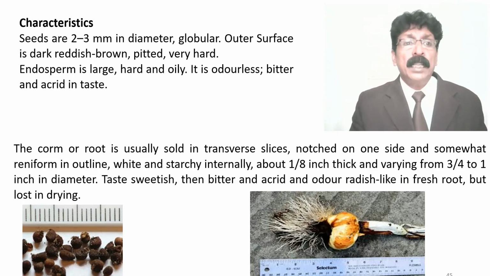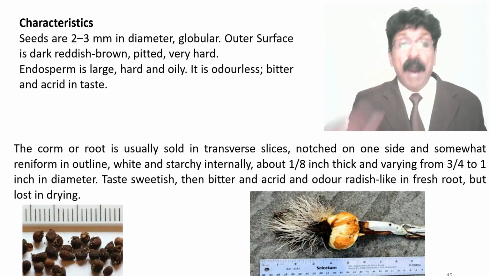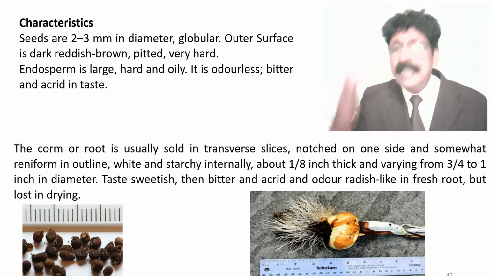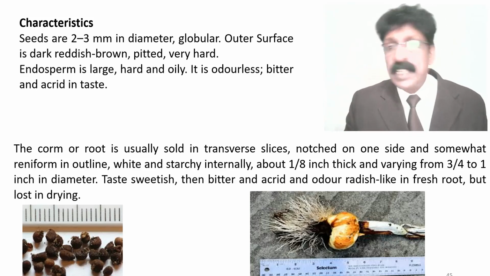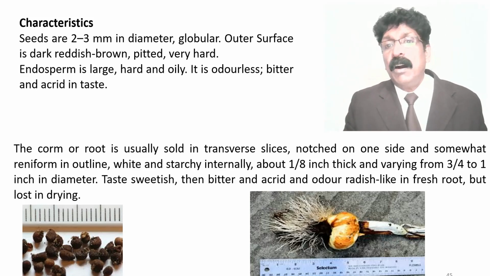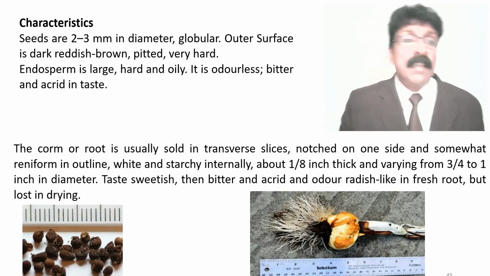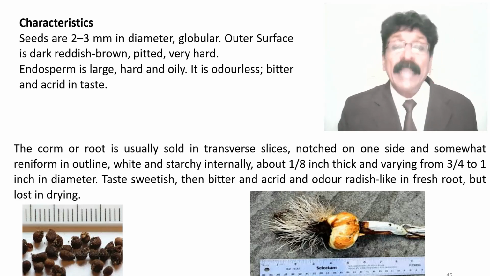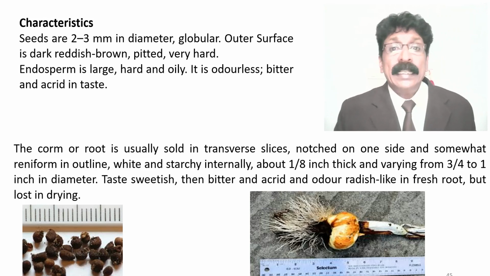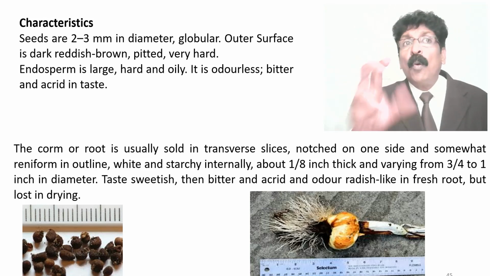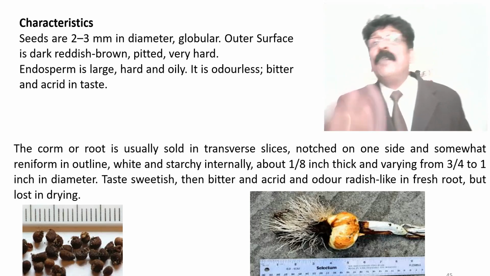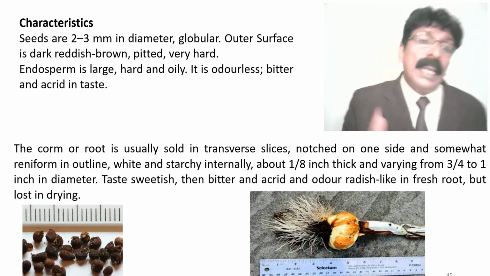The corms are usually sold in transverse slices, notched on one side and somewhat reniform in outline, white and starchy, internally about 1/8 inch thick and varying from 3/4 to 1 inch in diameter.